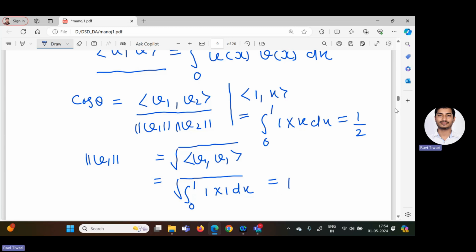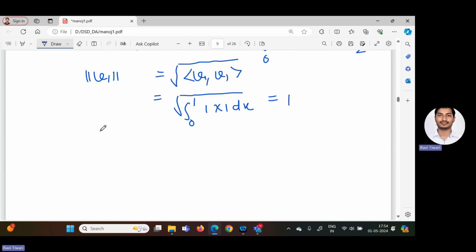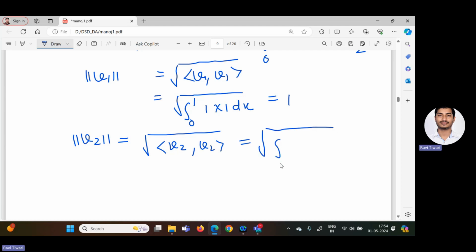Similarly, we can calculate the norm of V2. So norm V2 is defined as under root of the inner product of V2 and V2. So this equals under root of the integral from 0 to 1, where V2 is given x and V2 is also x, so we get x into x, x square into dx.